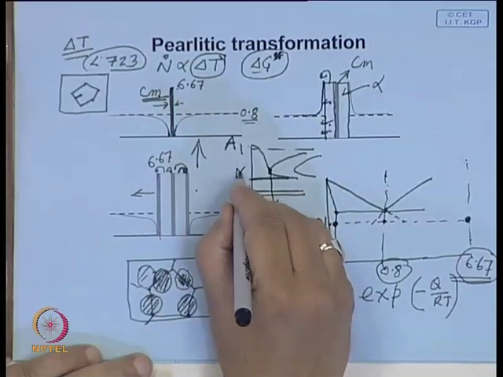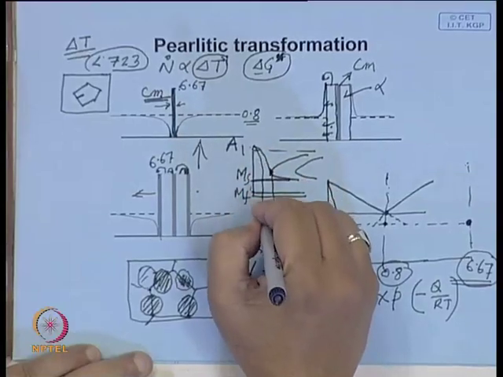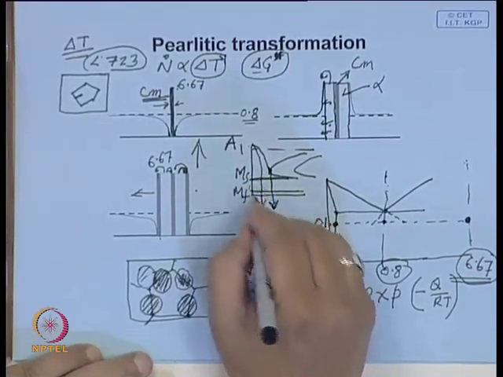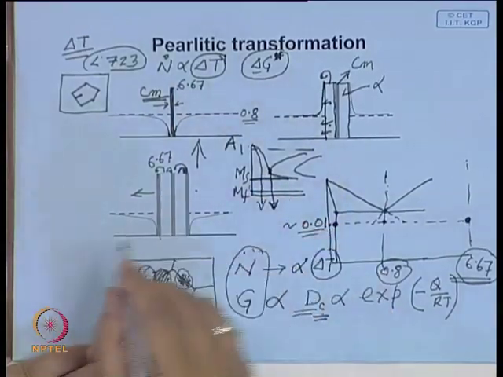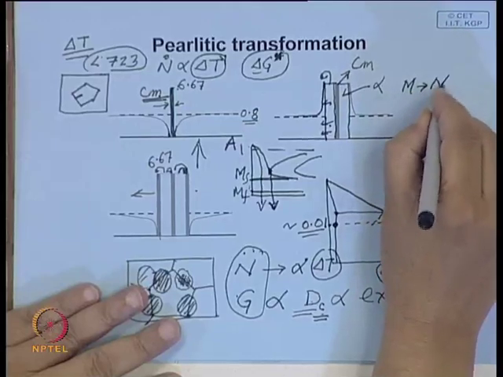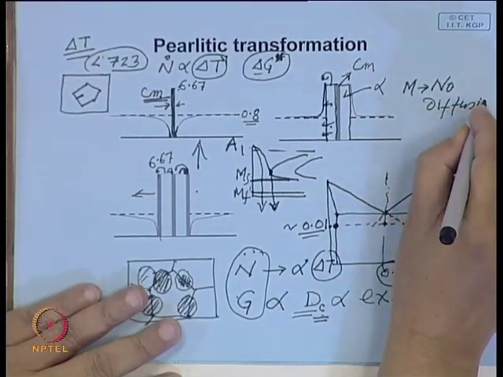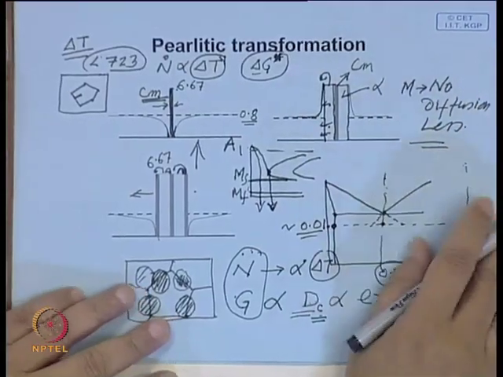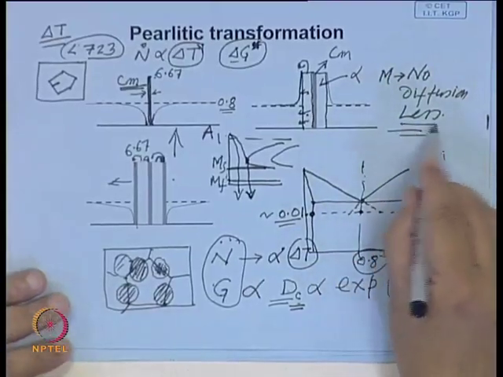This is the martensite start temperature, this is the martensite finish temperature, and as we go on we will look at the kinetics of martensitic transformation, and martensitic transformation is where there is no diffusion, it is a diffusionless transformation.